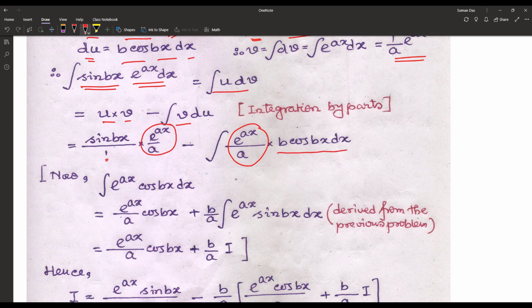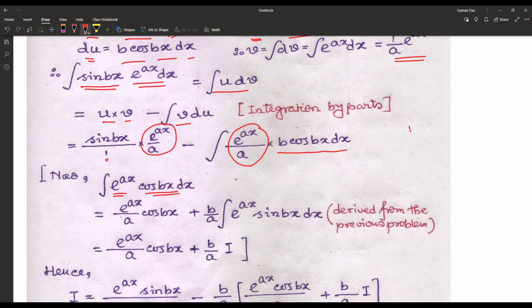Now b by a can be taken as common. Now look at the part that is the integration of e to the power ax cos bx dx. We have already done it before.